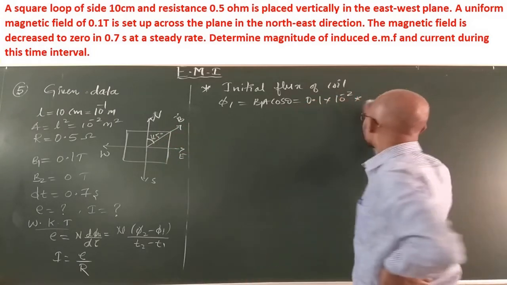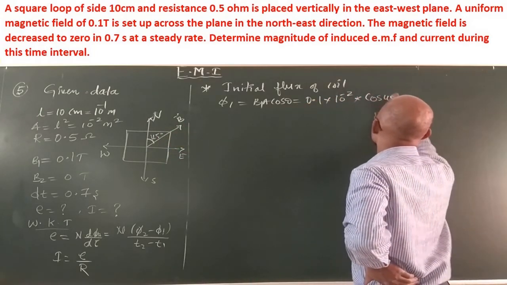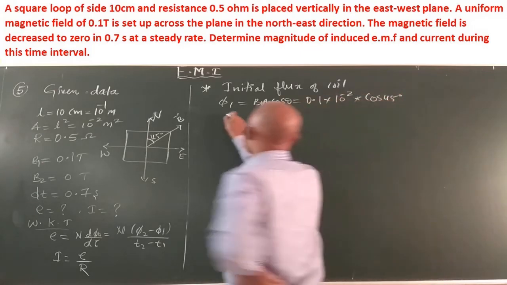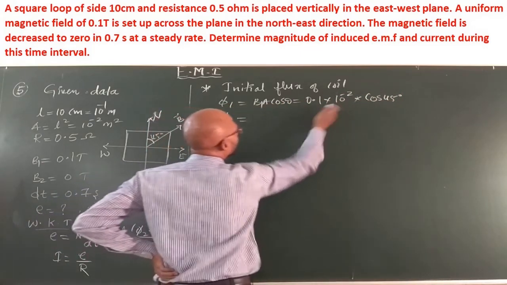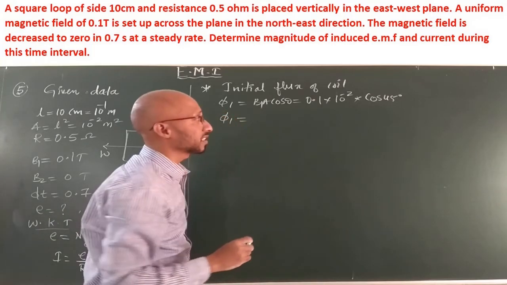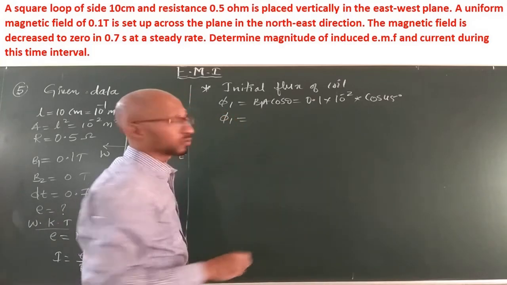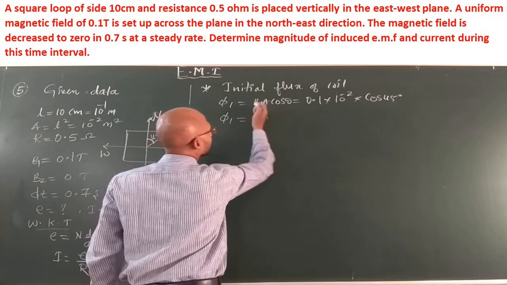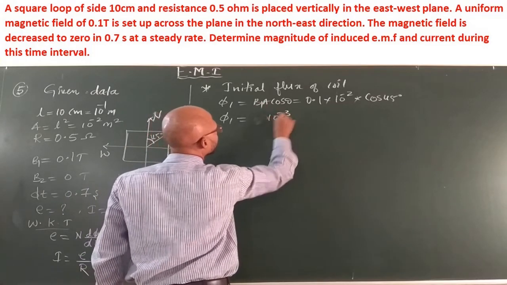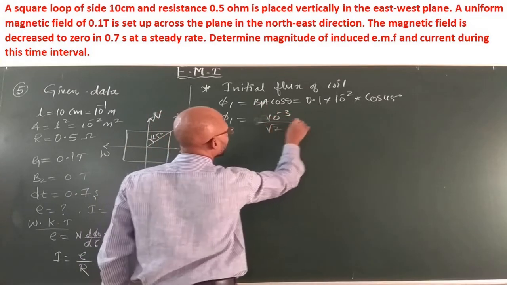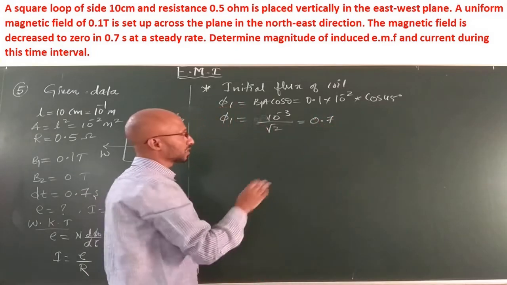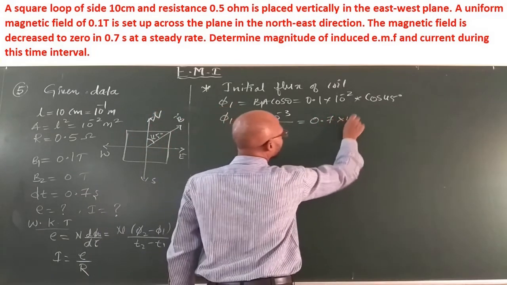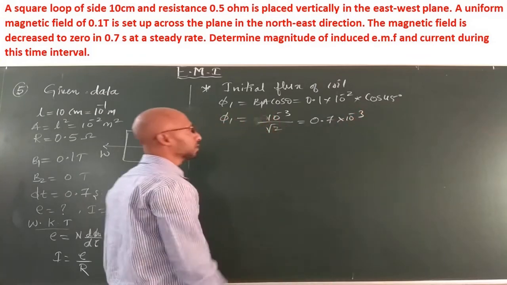It is 45 degree. Cos of 45 degree is 1 by root 2. So phi 1 is 10 raised to minus 3 into 1 by root 2. If I simplify it, it will become 0.707, around 0.7 into 10 raised to minus 3 Weber.